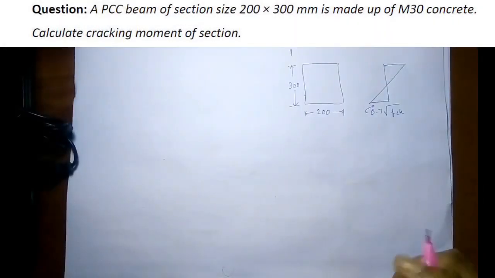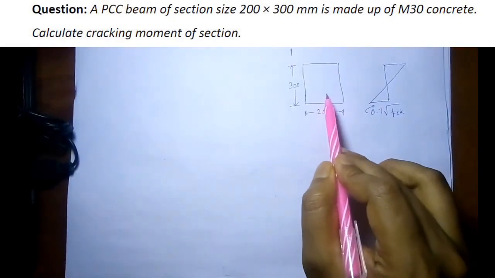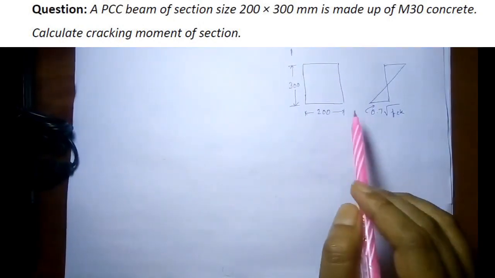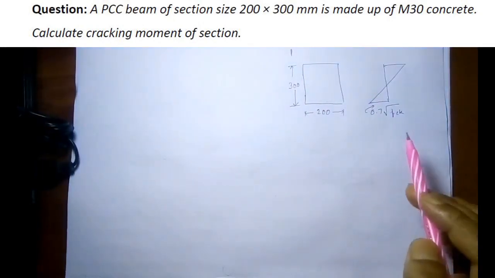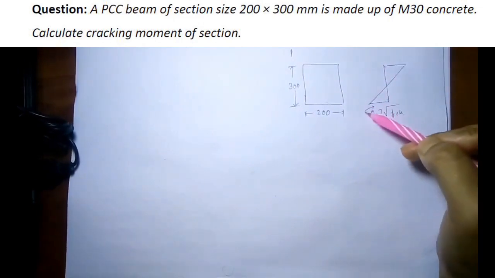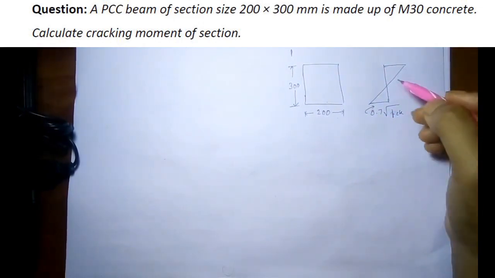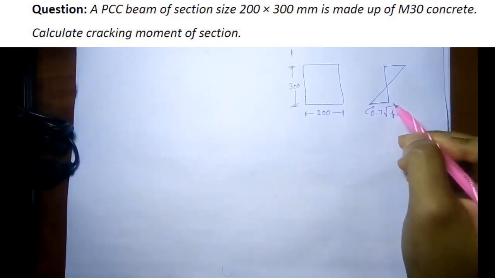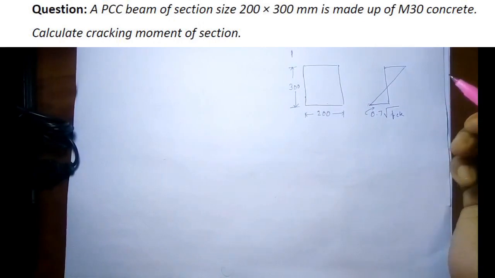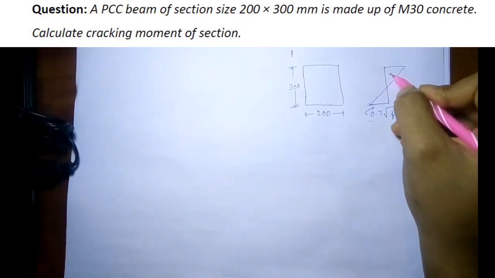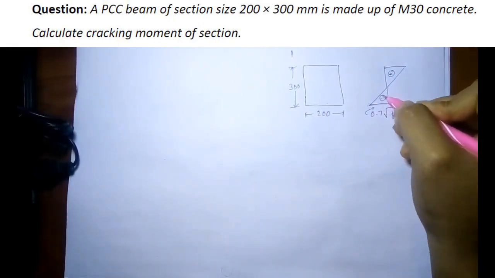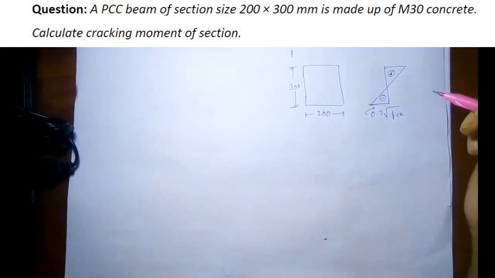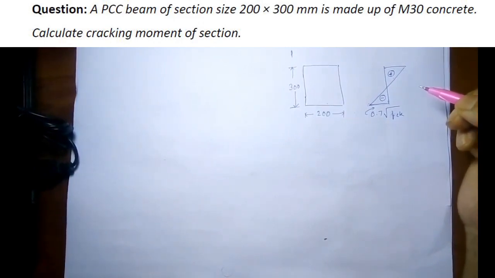We are asked to calculate the cracking moment of this beam of cross section 200 cross 300, width 200 and depth 300. I have made a cracking stress diagram for this beam, with 0.7 root fck here, plus and minus. The positive stress will be available here and the negative stress here.